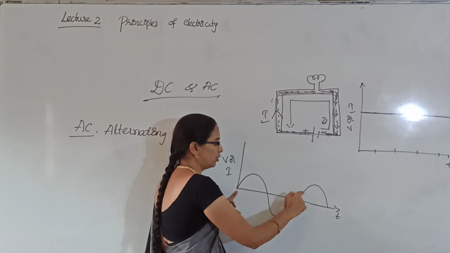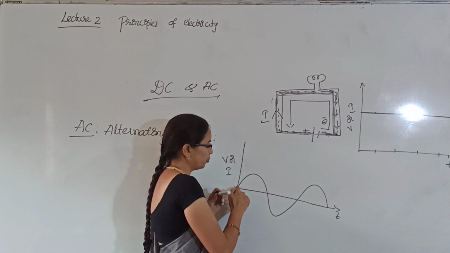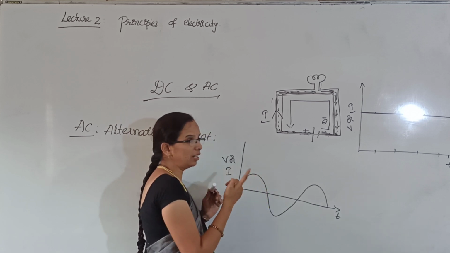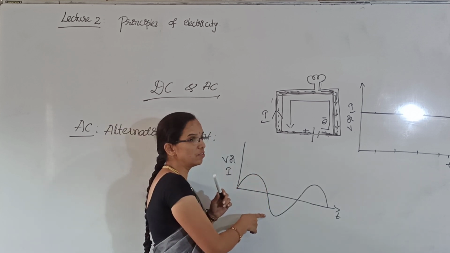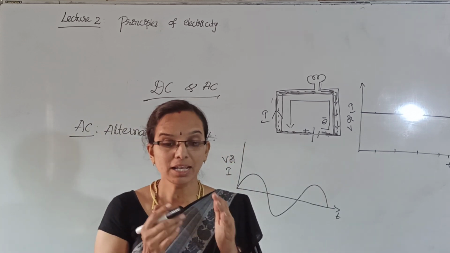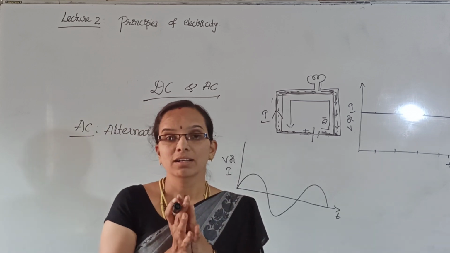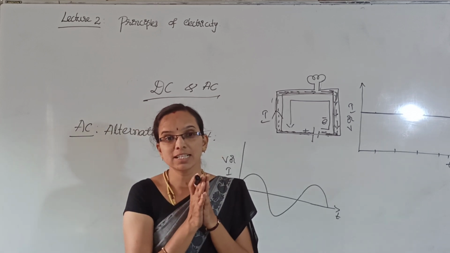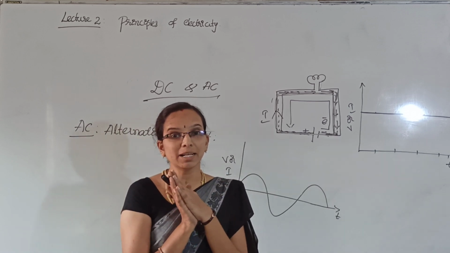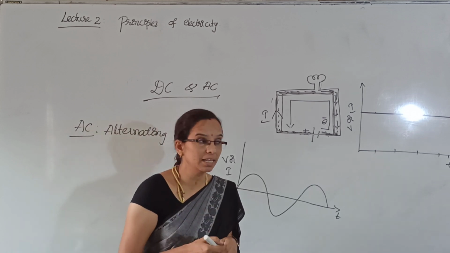The current value is continuously varying, and for one half cycle it will be in one direction, the next half cycle it will change its direction. The current whose magnitude and direction change continuously and periodically with time is known as AC.